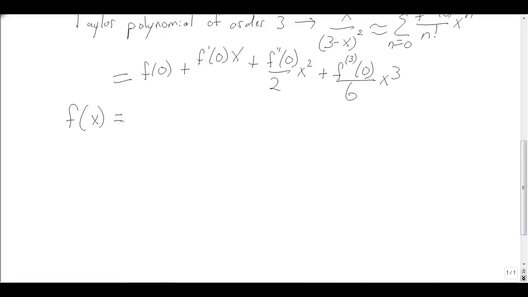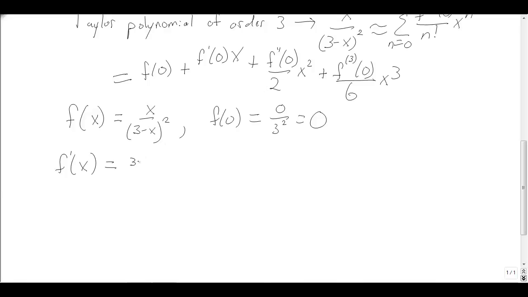So f of x was, again, x over (3 minus x) quantity squared. So f of 0 here is going to be 0 over 3 squared. That's 0 over 9. That's 0. So really our constant term, this f of 0, is just 0. Drops out. For f prime of x, we have to use the quotient rule.